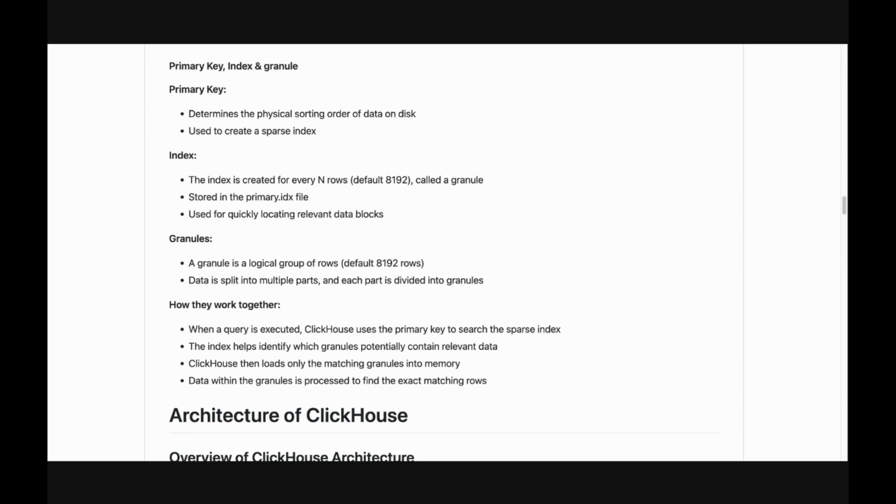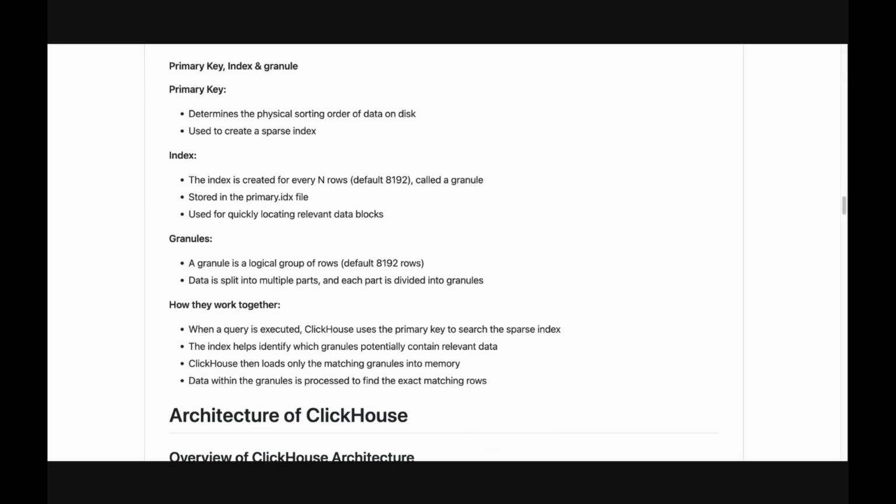And indexes, we talked about indexes. Now for Clickhouse, the way that it creates the index is it groups data points, which Clickhouse calls granules. The granules are basically logical groups of rows, as in the definition at the bottom. So again, going back to Excel, because that's a nice visual, each granule would be 8,192 rows.